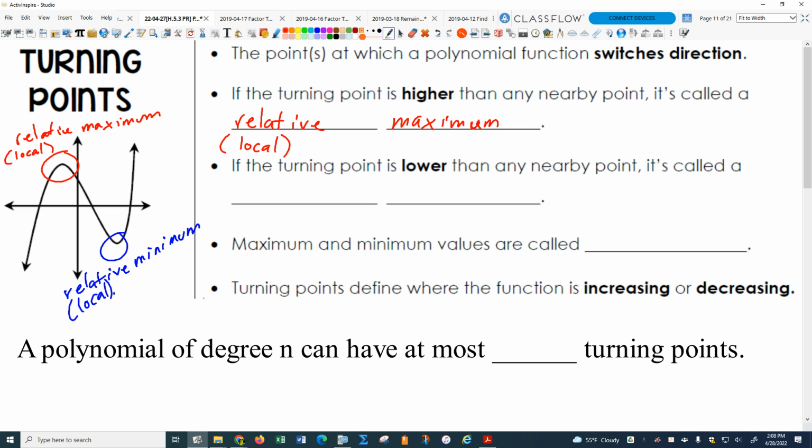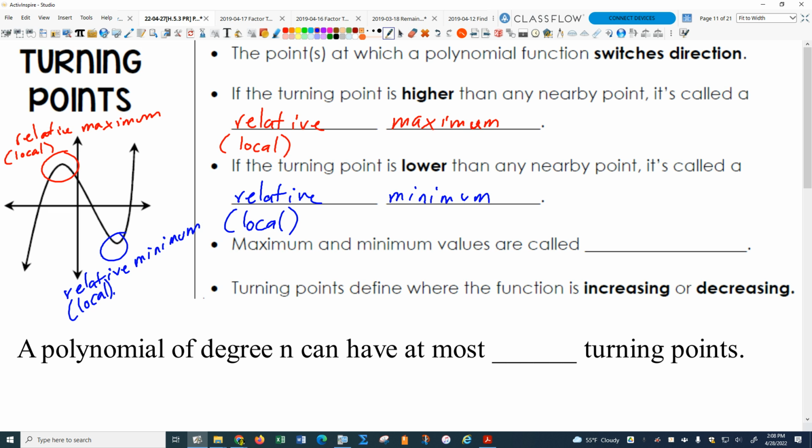If the turning point is lower than any nearby points, it's called a relative minimum or a local minimum.